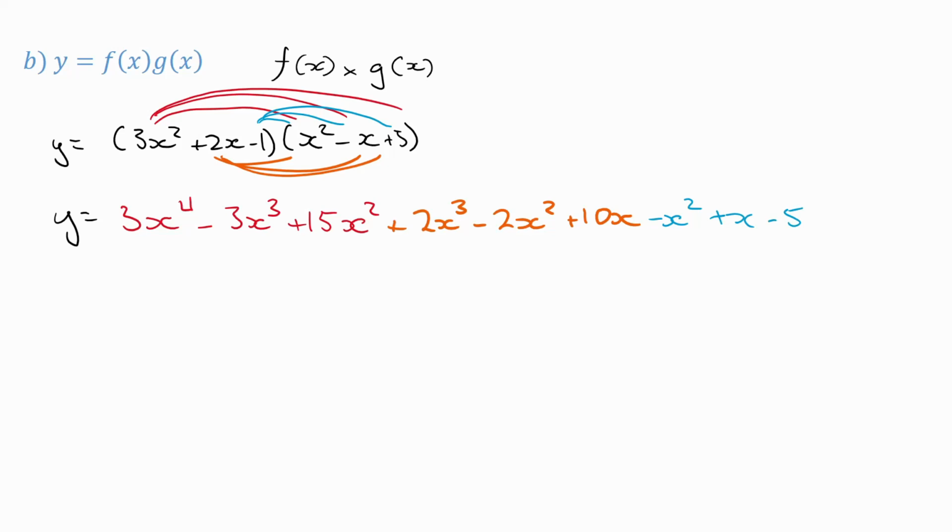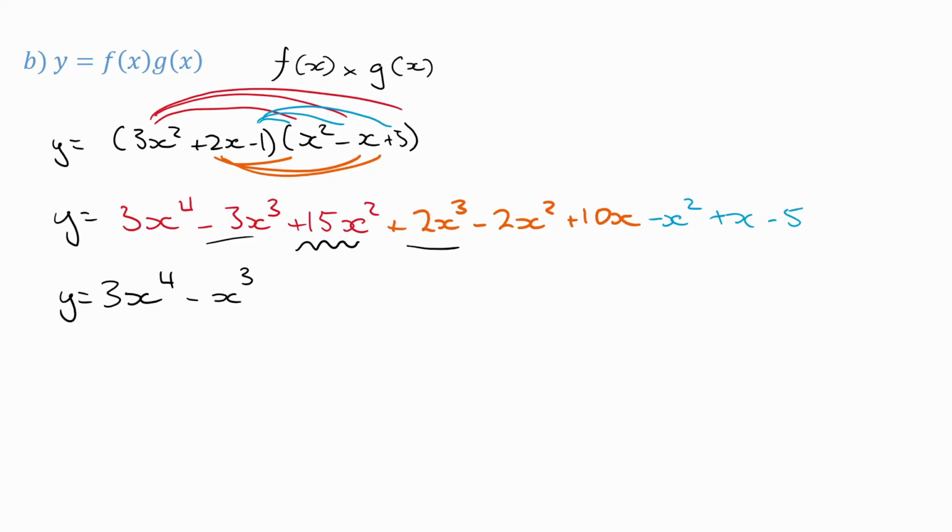Now that we've got all our multiplications out, we start to look for our like terms. 3x to the power of 4 was the only one. We had our x cubes there, so negative 3x cubed plus 2x cubed, we get negative x cubed.